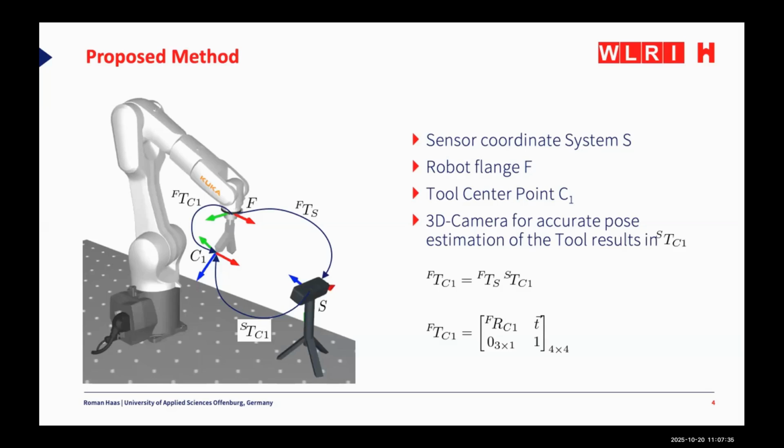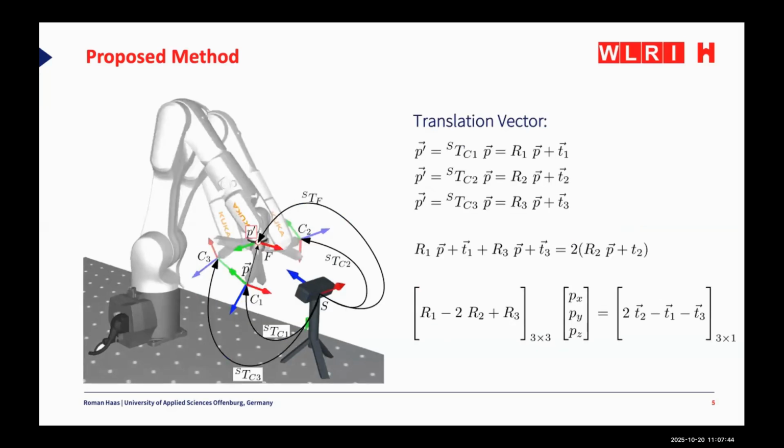So the problem splits into getting the translation vector and also the rotation matrix. Let's look at the translation vector. As we also saw in the standard way of calibrating the TCP, we move the robot in 3 different orientations in the robot flange coordinate system. So we rotate the robot around the flange coordinate system. Therefore, we get 3 points.